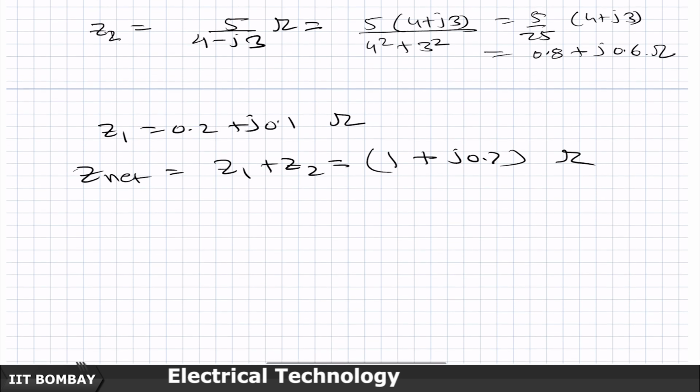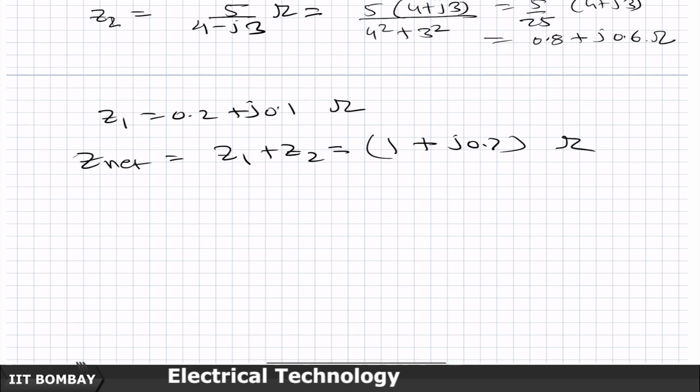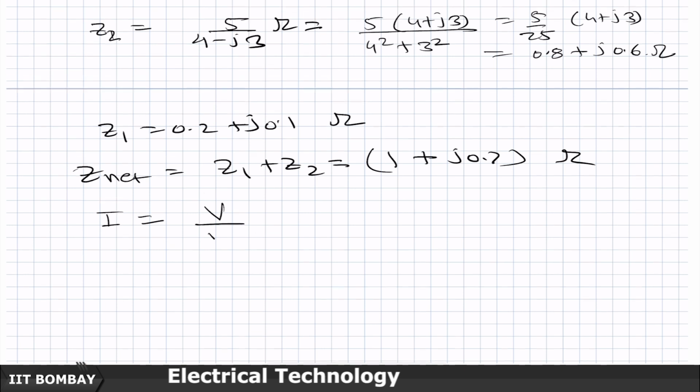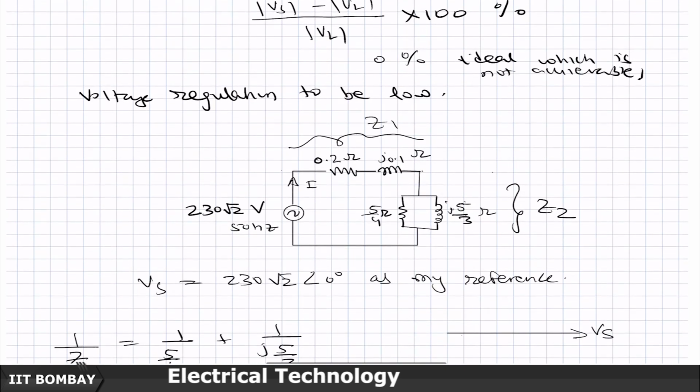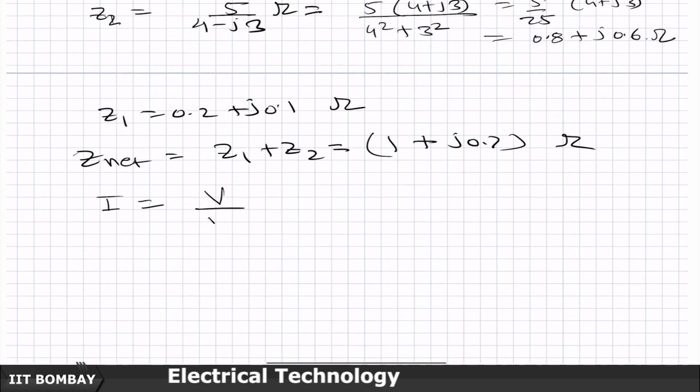Therefore, the current phasor which is drawn from the supply is V by Z net.